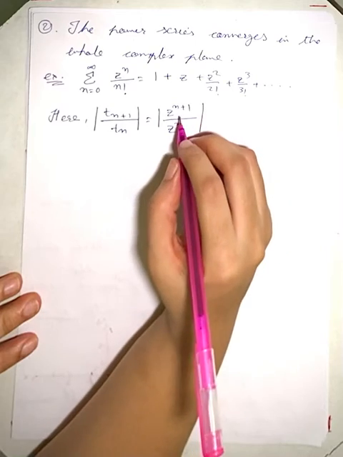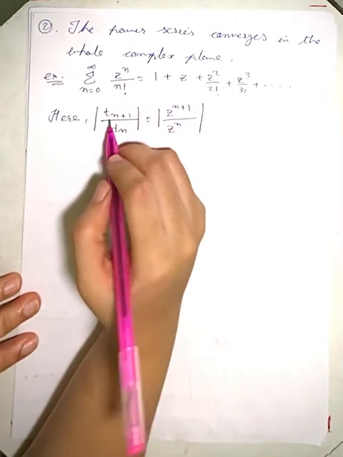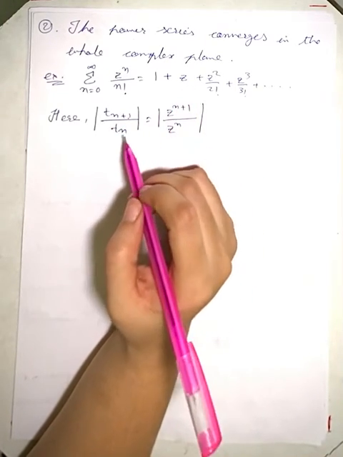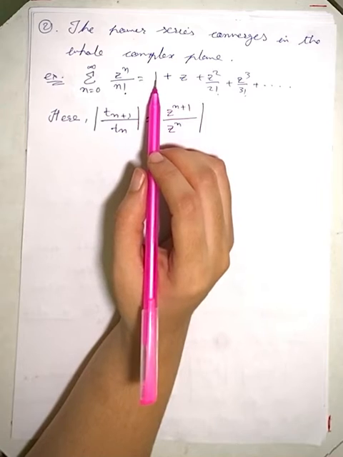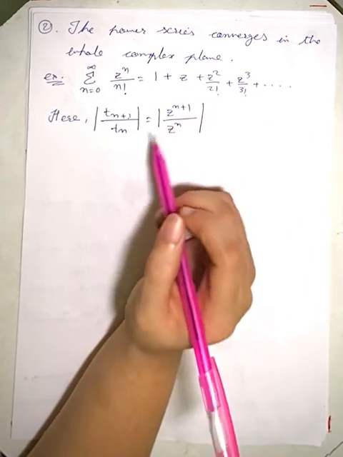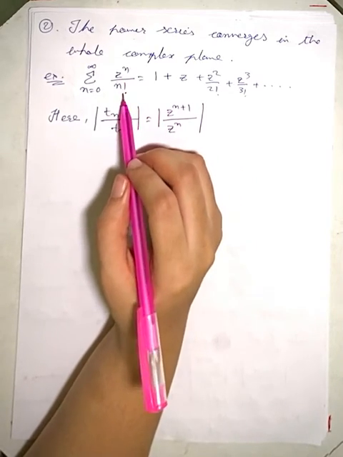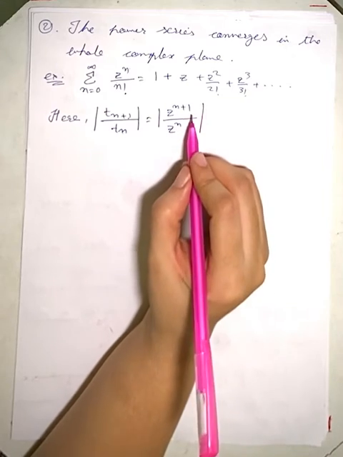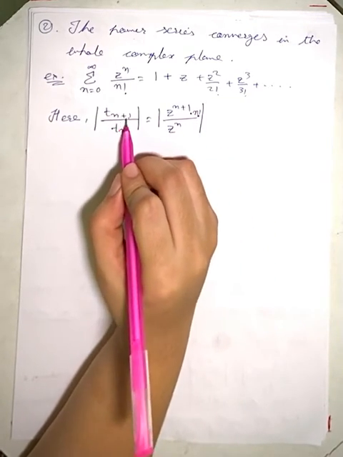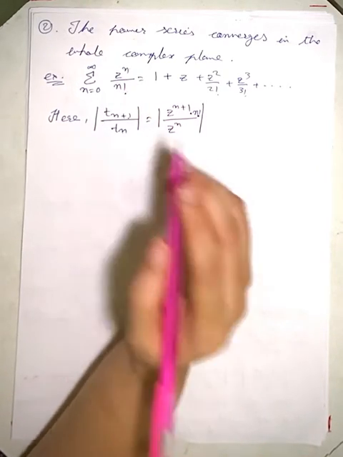So the nth term will be z to the n upon n factorial, and the n plus 1th term will be z to the n plus 1 upon n plus 1 factorial.